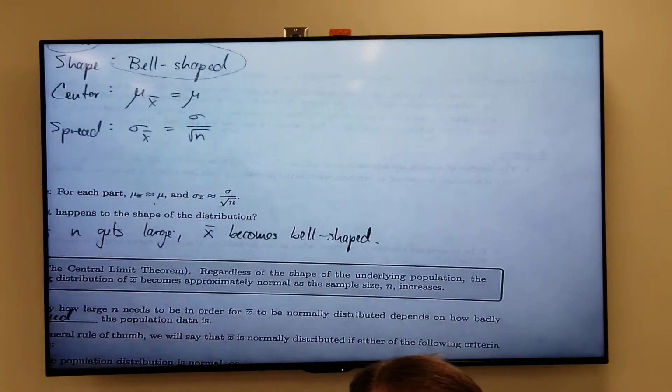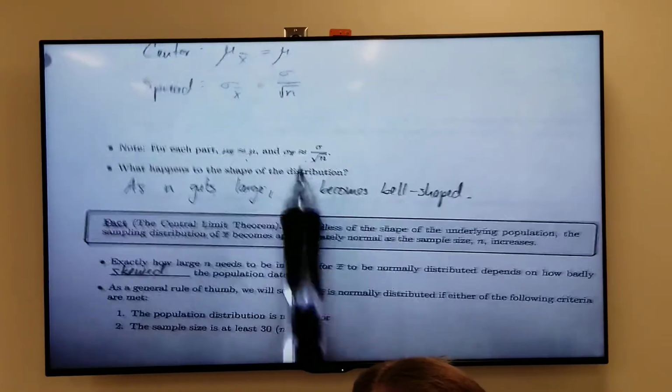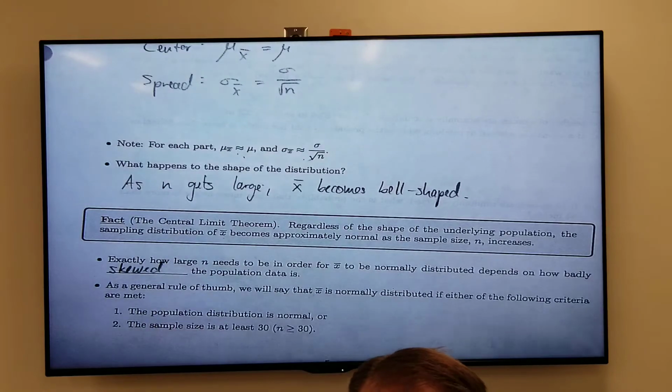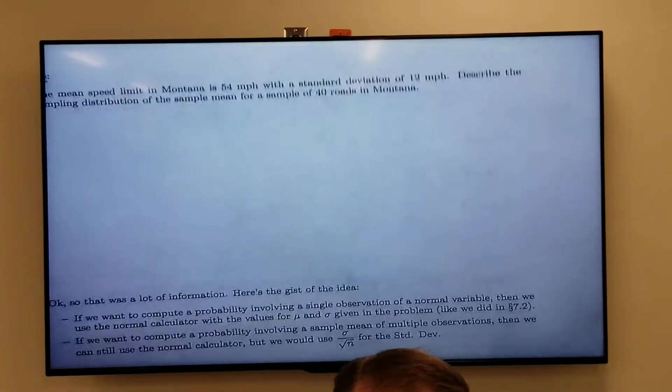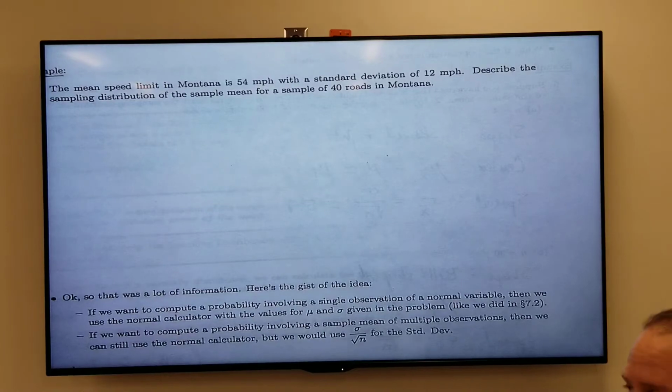Like, we can describe the center, we can describe the spread, and we can describe the shape thanks to the central limit theorem without having to run the simulations. So when you get to the homework, this is how I want you to do these kinds of problems, okay? When they ask you to describe the sampling distribution of the sample mean, this is how I want you to do it. I don't want you to run a simulation. I want you to do it how I'm going to show you right now.